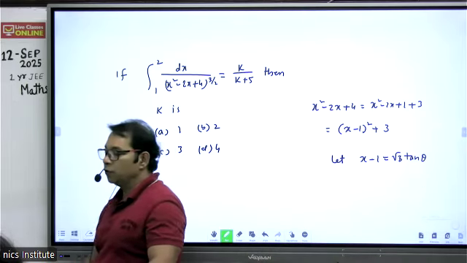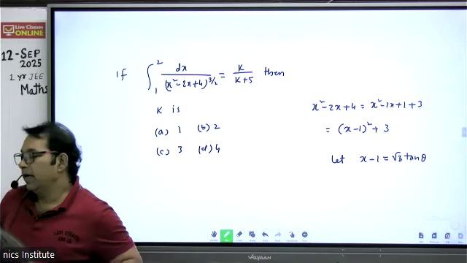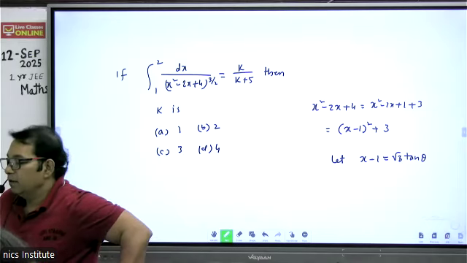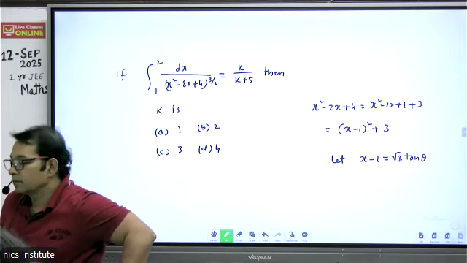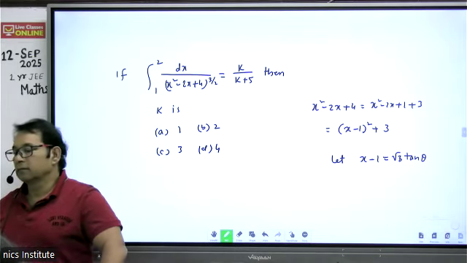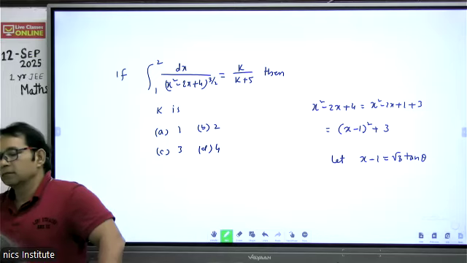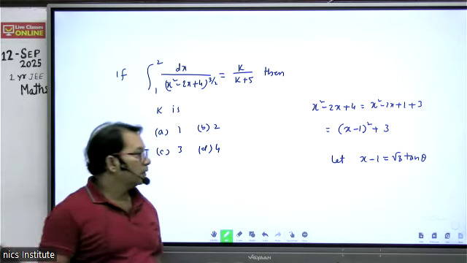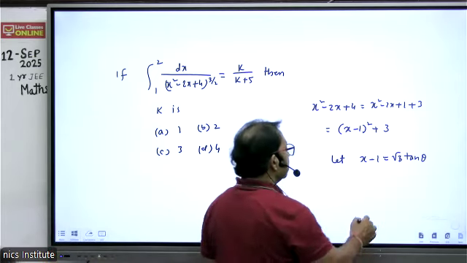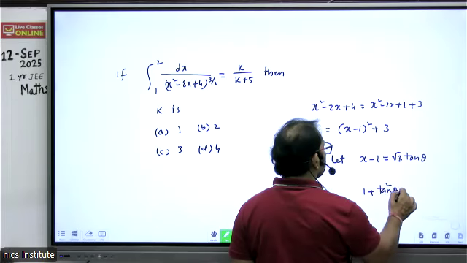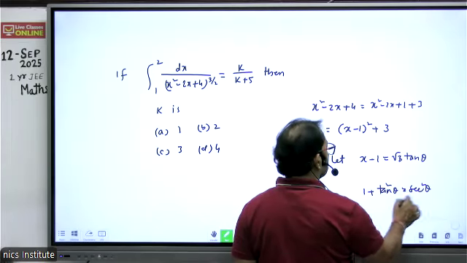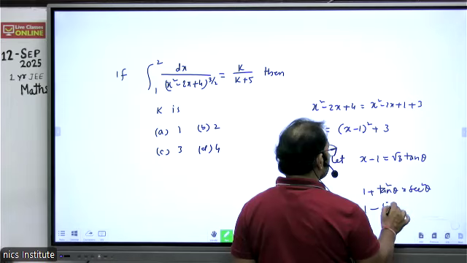So this substitution you can make. X minus 1 is equal to root 3 tan theta. Identities. 1 plus tan square theta is sec square theta. 1 minus sin square theta is cos square theta.